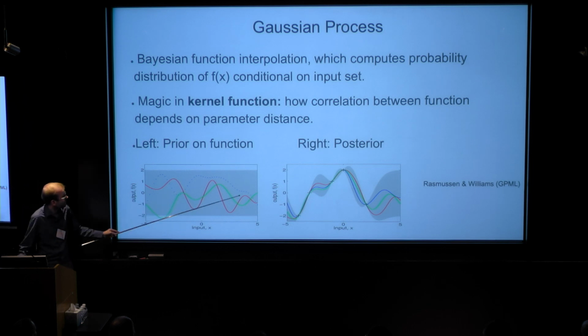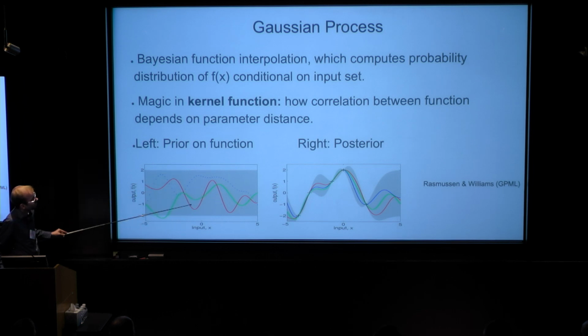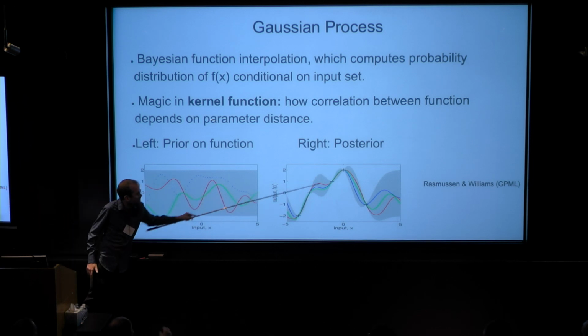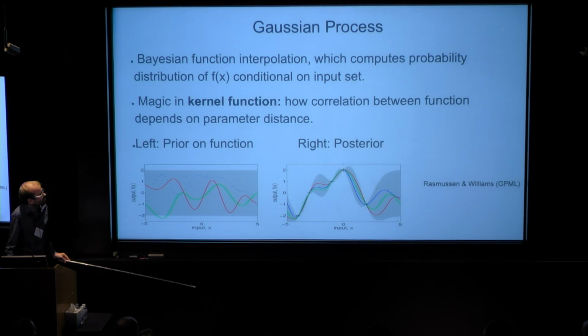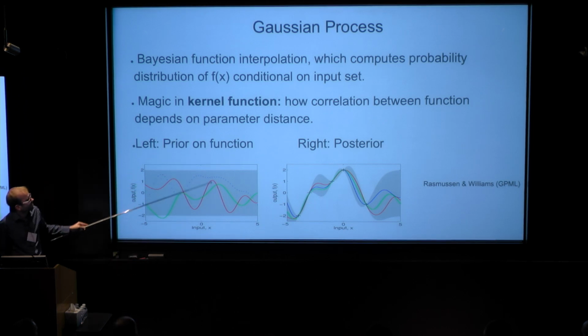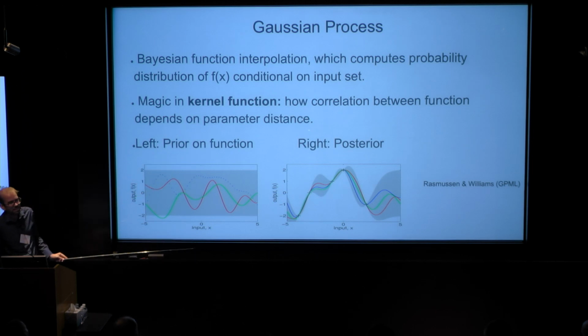So here is a prior on a function, and then here it is conditioned on some data points that you've measured. The magic here is all in the kernel function, right? So the reason that you can do this and still match most functions is that you have some kind of kernel function that you pick that does what you want it to do. So this is wonderful, but it is not quite enough, right?